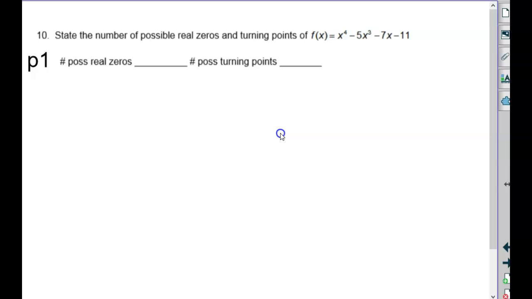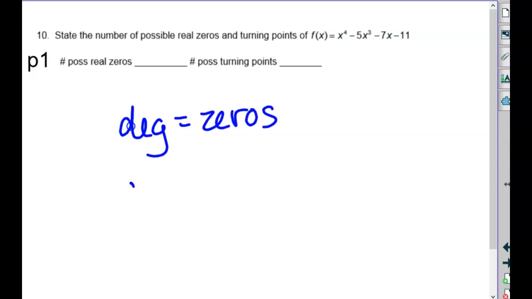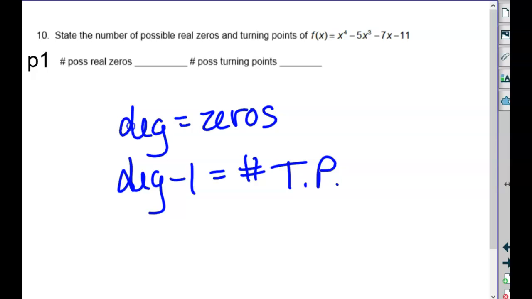Number 10 is also from part 1. State the number of possible real zeros and turning points. I thought that we had this down, and then on the quiz and the retakes, I have gotten some of the weirdest answers ever. You don't add anything together. The degree is the number of zeros, and the degree minus 1 is the number of turning points. Okay?